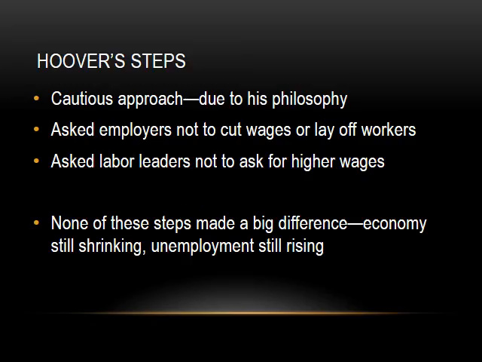So Hoover took a cautious approach due to his philosophy. He asked employers to not cut wages or lay off workers even though they weren't making any money. He also asked labor leaders, or union leaders, to not ask for higher wages. None of these steps made a big difference, and the economy was still shrinking and unemployment still rose.